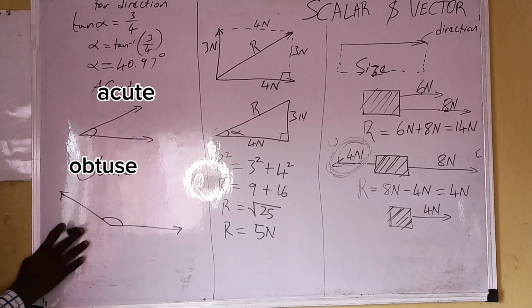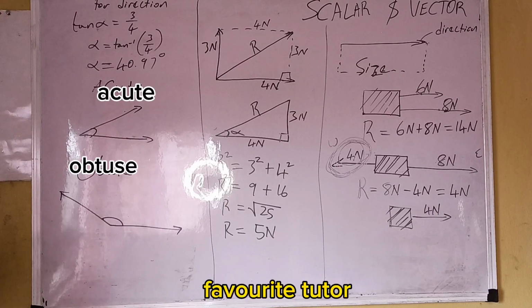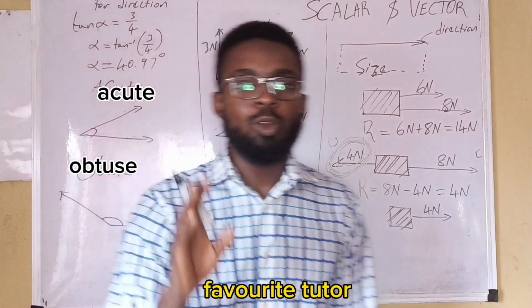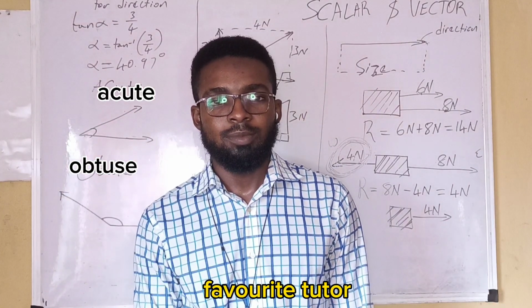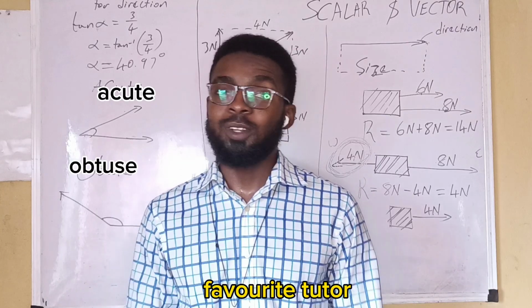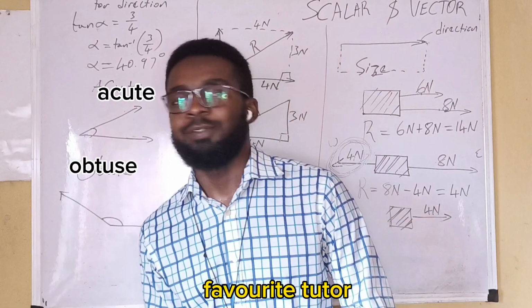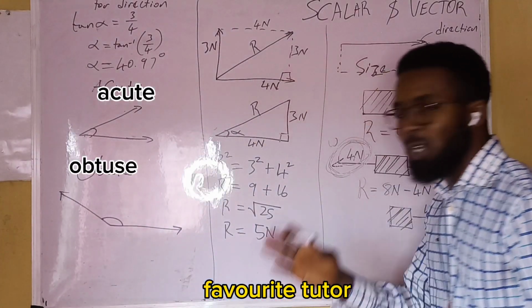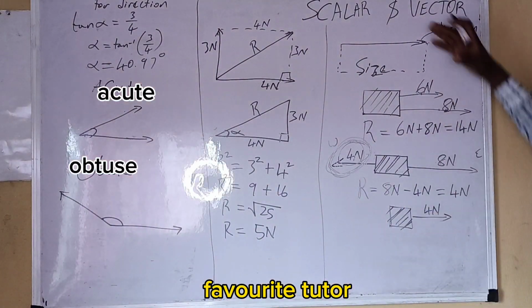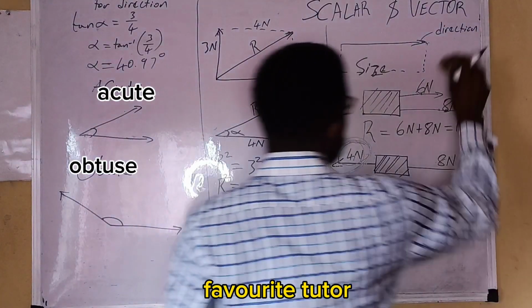Now for this, to get the resultant, we use the cosine rule, or what we know as the parallelogram law of vectors. We use the cosine rule, so I'm going to explain it. Let me clean this side of the board.